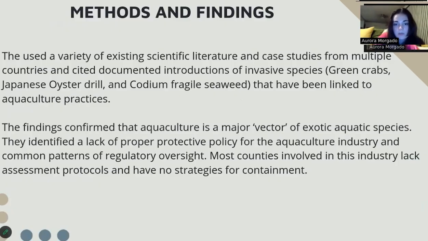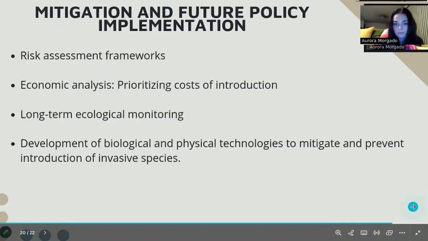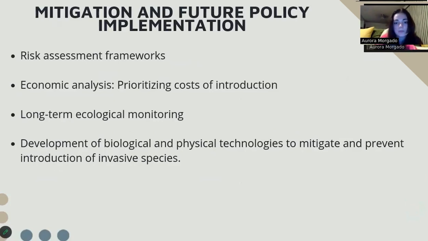The study also found that many regions lack strong protective policies. There's often little regulatory oversight, and common patterns of poor containment strategies. Many areas don't even have proper assessment protocols in place. In short, the risks are high and the safety nets are low.